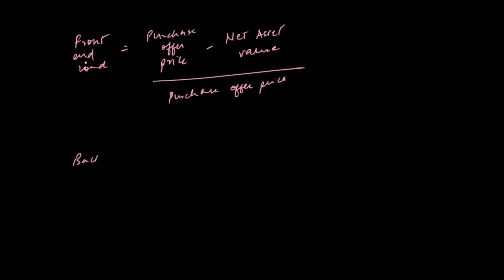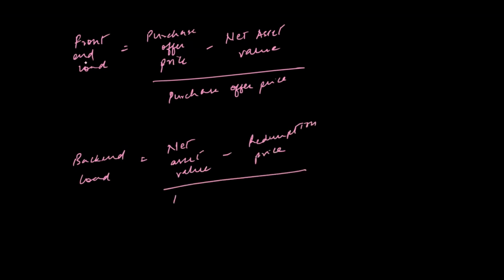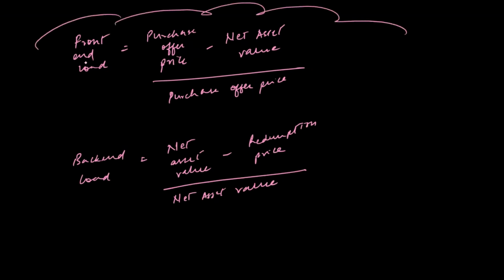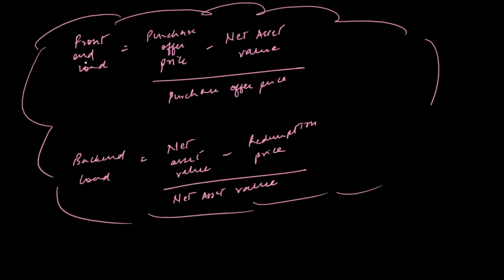Now back end load is net asset value minus redemption price by net asset value. These are the two formulas that we need to keep in mind while solving this problem.